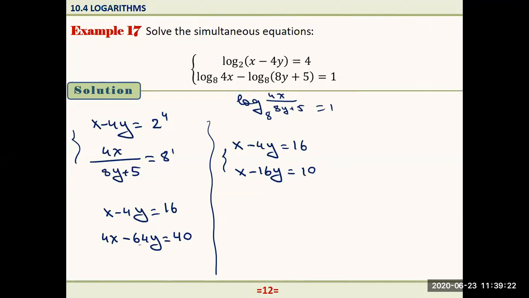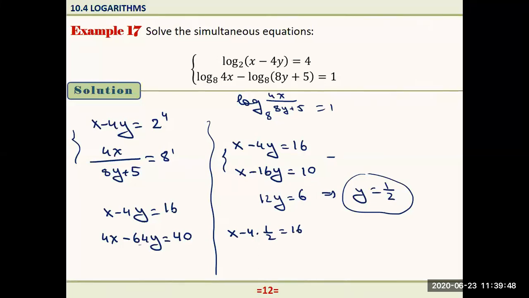So if I subtract the second equation from the first one, x minus x is 0. Negative 4y minus negative 16y, that is 12y, and 16 minus 10, that is 6. So from here, what is y? y equals 1 over 2, right? And substitute here: x minus 4 times 1 over 2, on the right-hand side we have 16.